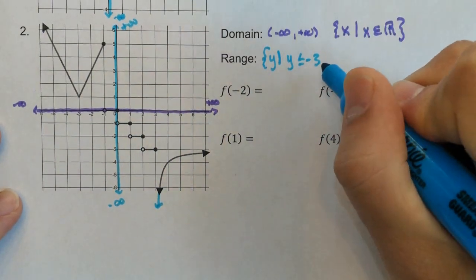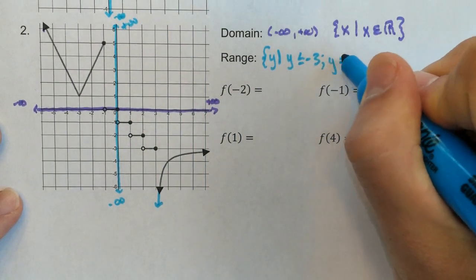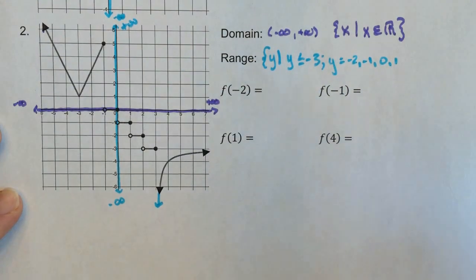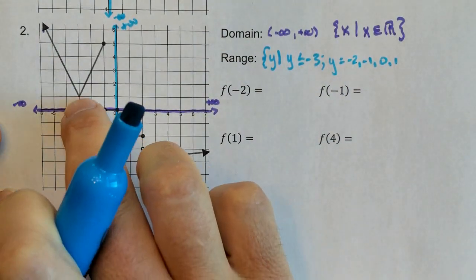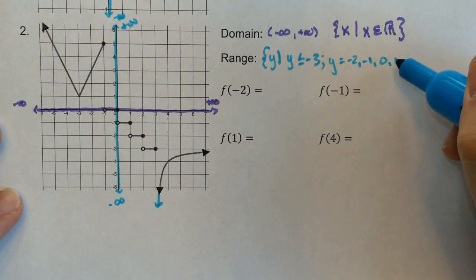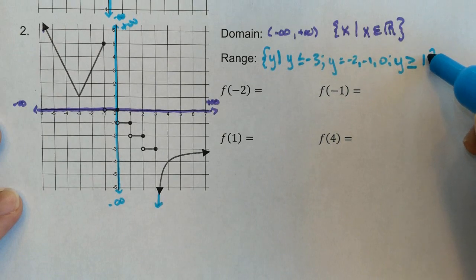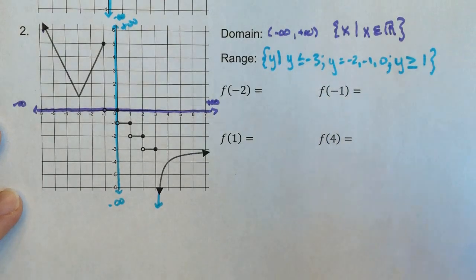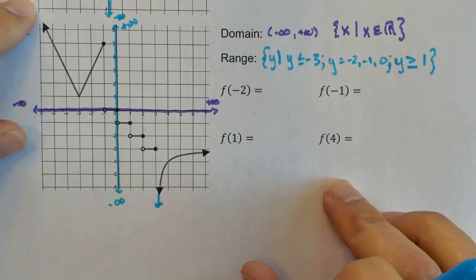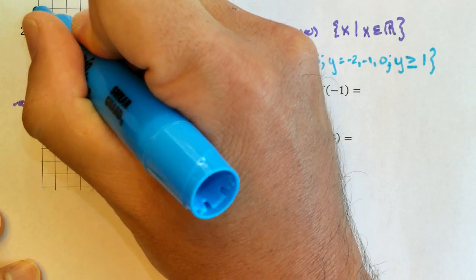But then we have y's equal to -2, -1, 0, and 1 to identify just those integers. And actually, we're going to make this y is greater than or equal to 1 to identify that other set where it goes from 1 and up all the way to positive infinity with that arrow.